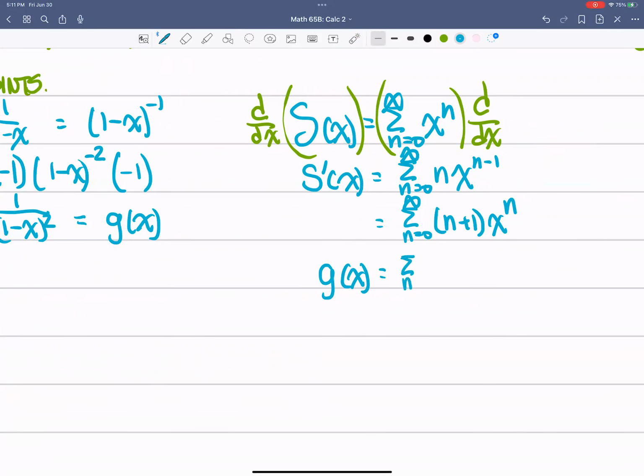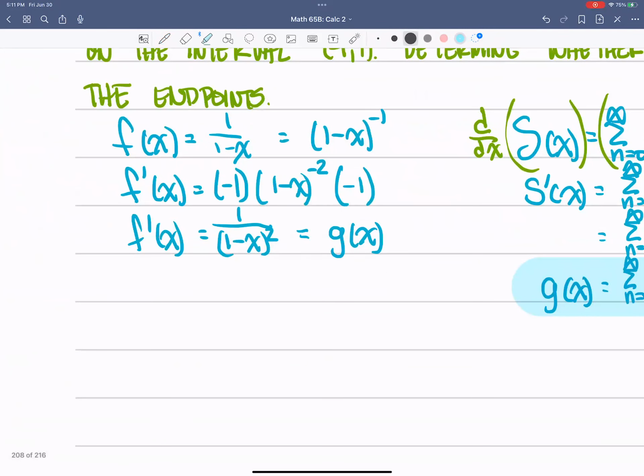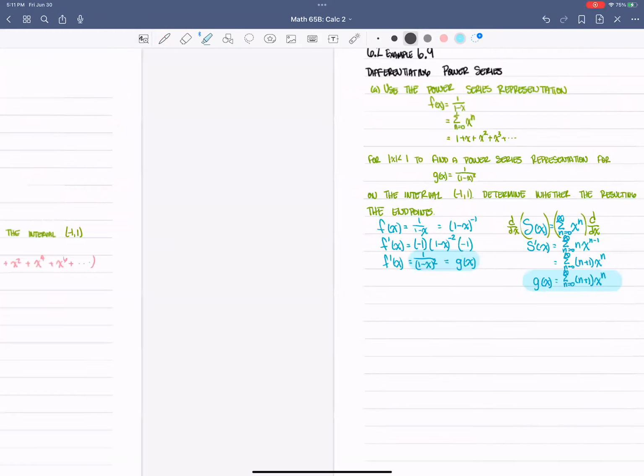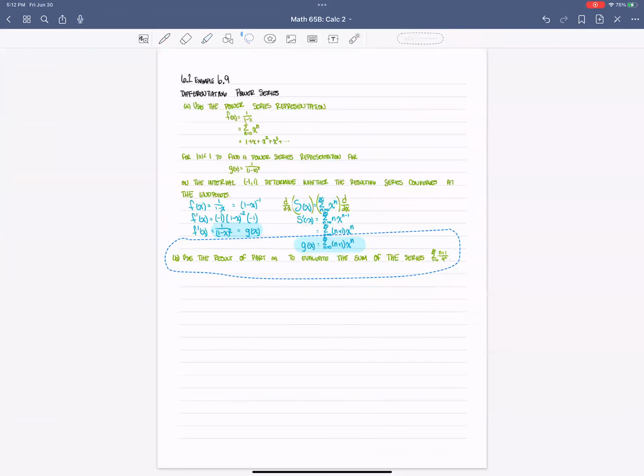The sum as n goes from 0 to infinity of n plus 1 times x to the power n. All right, I like that. So that's the power series for this function here. All right, so now that we have that, let's take a look at part B.